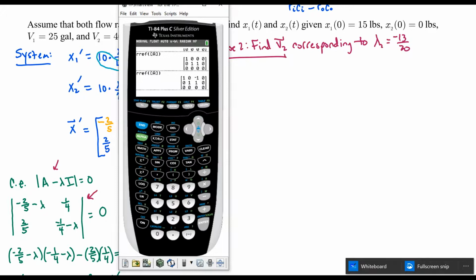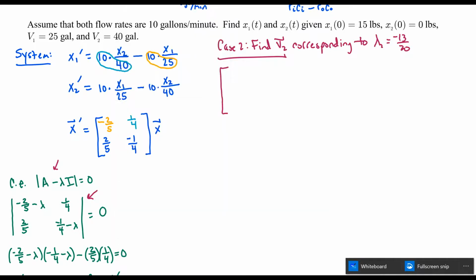So I'm going to take first entry, -2/5 minus -13/20. And I end up with an easy 1/4. Whoops.